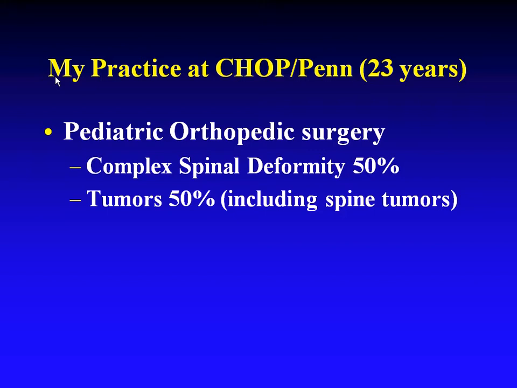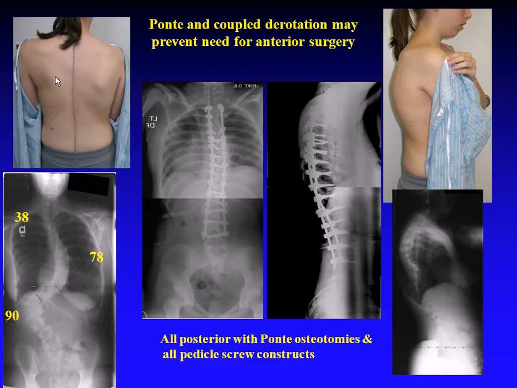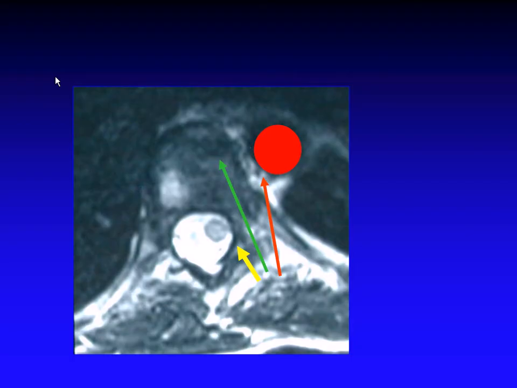complications. My practice, I do all pediatric orthopedic surgery. Half of my practice is spine, half is tumor, and the spine half they're atypical cases that are at fairly high risk. So I've been very interested in this topic now for several years, and we're all doing these aggressive surgeries where we take a deformity shown in the lower left, and with destabilization of the spine, multiple osteotomies and coupled derotation, very forceful, aggressive, manipulative maneuvers, we're able to get this type of result.